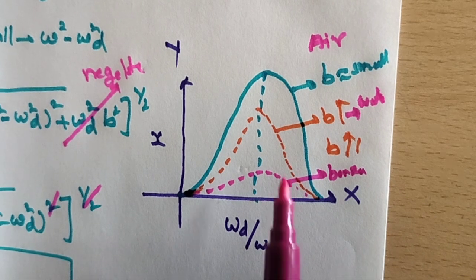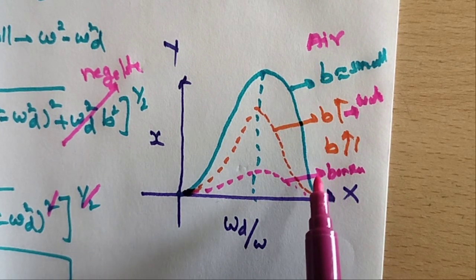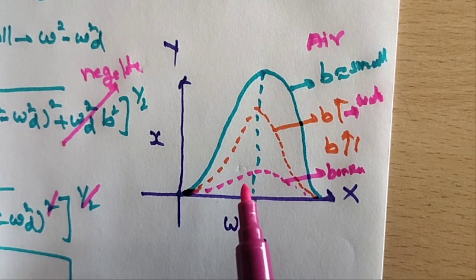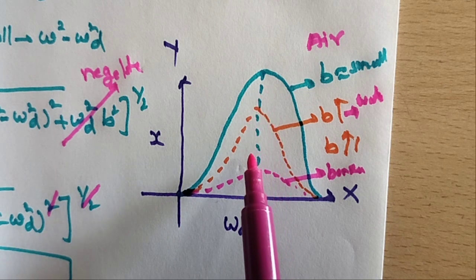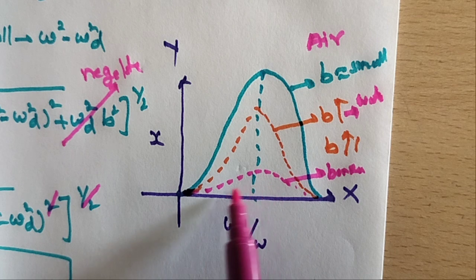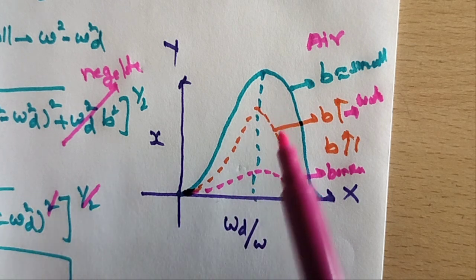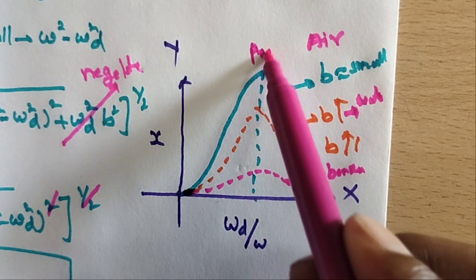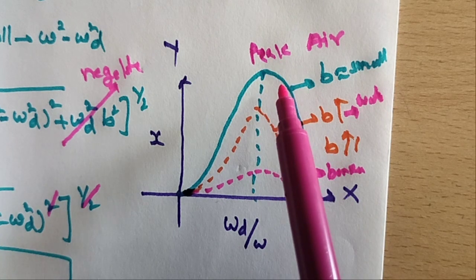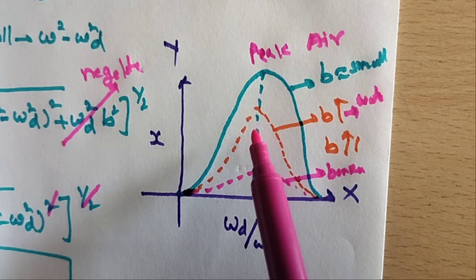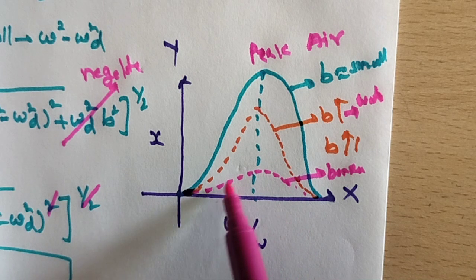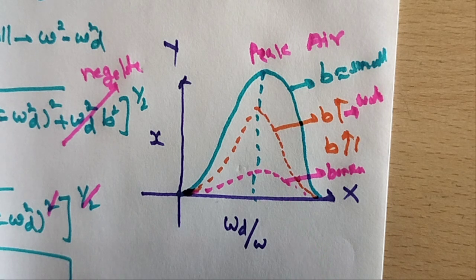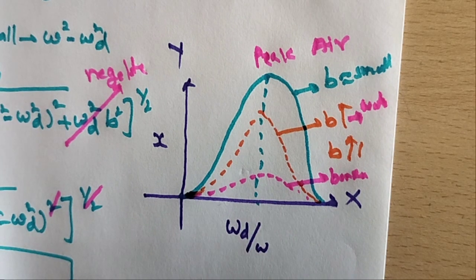So the damping force will increase. What is your observation? The amplitude decreases, and it gives a flat value. The maximum peak value decreases, and finally it gives some flat value. So this is the small damping case.